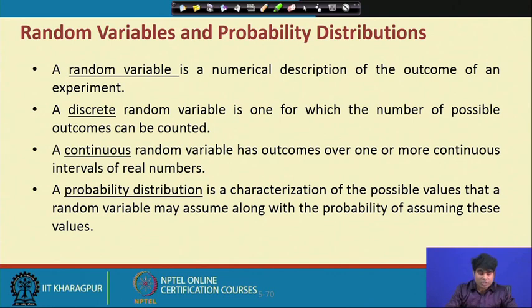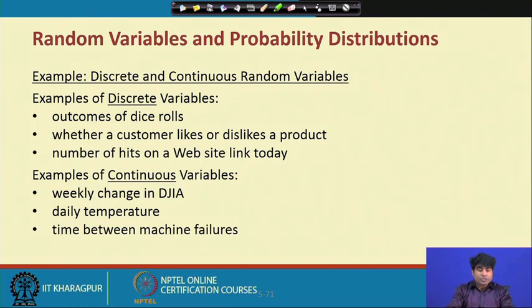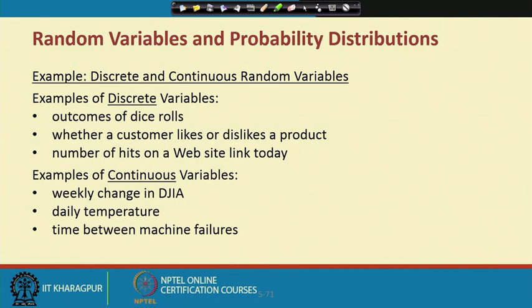Now we will start with discrete and continuous random variables, and let me first give some examples. Like the previous examples, outcomes of dice rolls, whether a customer likes or dislikes a product, and the number of hits on a website are discrete.